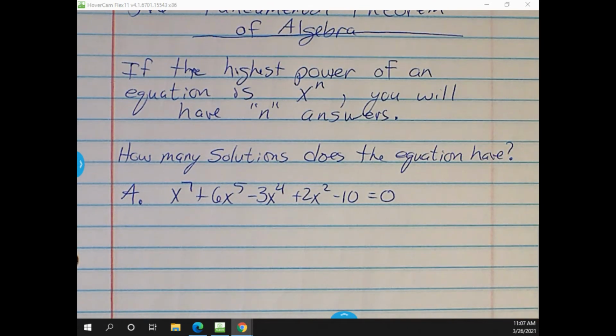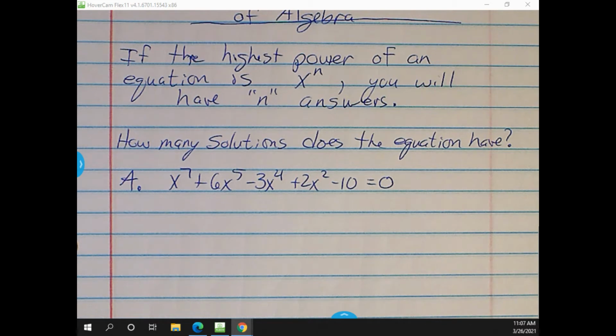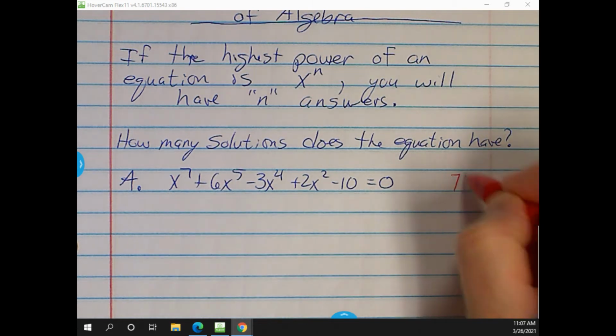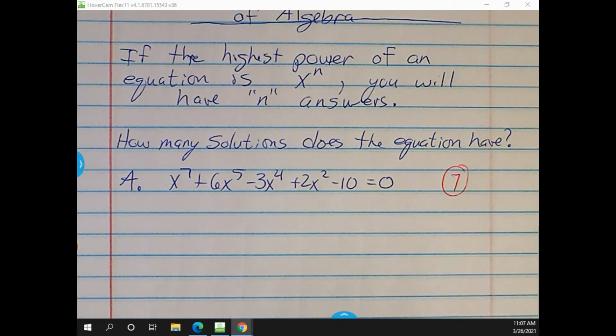So maybe something like that. All right, and again, it just says, tell me what's the highest power. It's 7, so there's 7 answers we're going to have. That's it. That's all you've got to do.